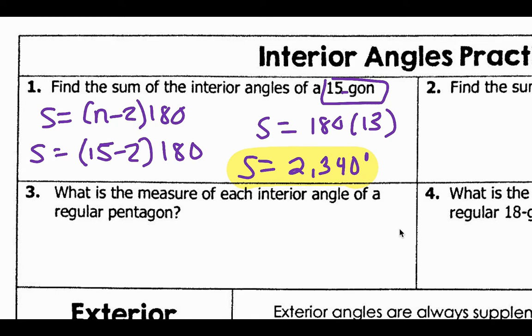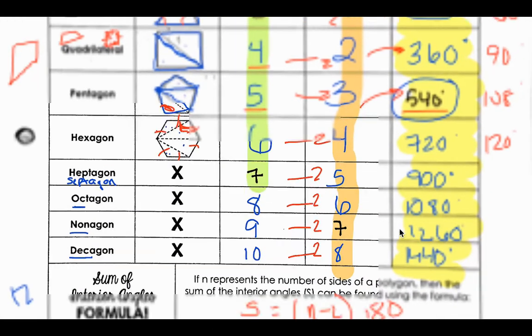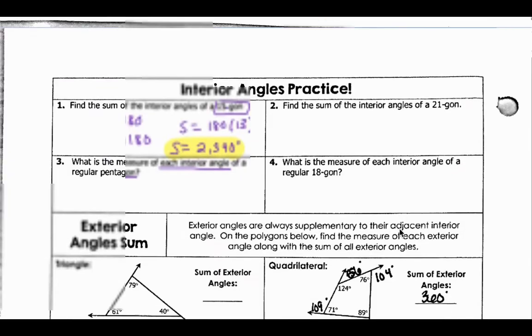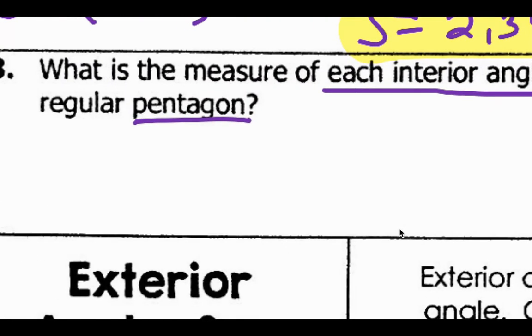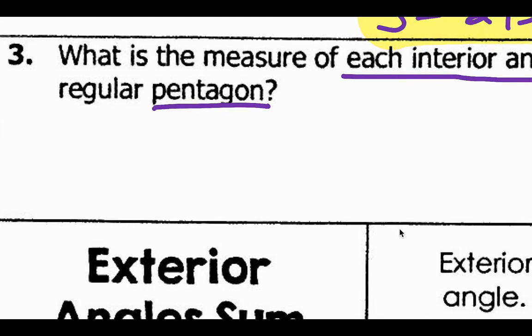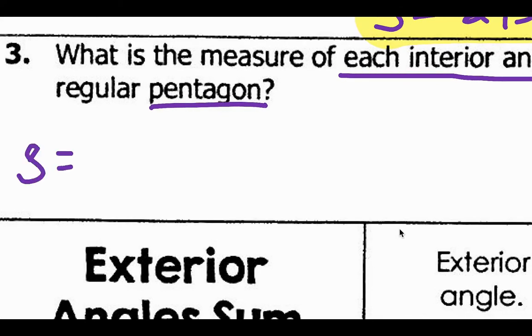Okay. What is the measure of each interior angle of a regular pentagon? To do that, we need to find the total. We can do that using our formula, or we can come back up here to our chart and say, well, pentagon was 540. We've actually done this problem already. We want to say that S is equal to 540 degrees because we did it already.